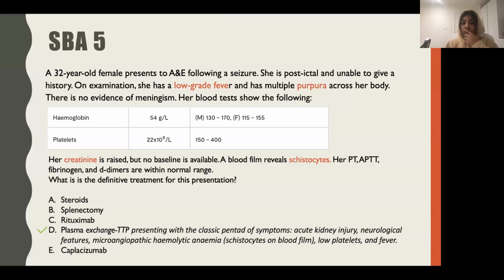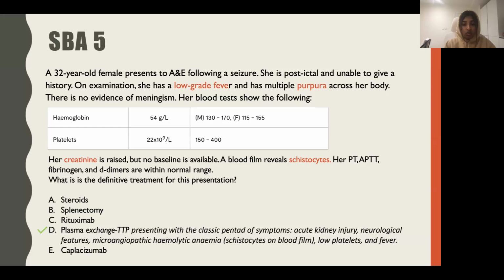So this woman has had neurological features. She's just had a seizure. She's got a low-grade fever. She's got multiple purpura all across her body. Her hemoglobin is low, so she's got some type of anemia. And it could be microangiopathic hemolytic anemia, but the point is she's got anemia, so that's ticked.